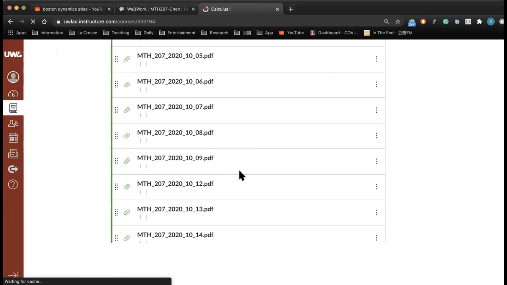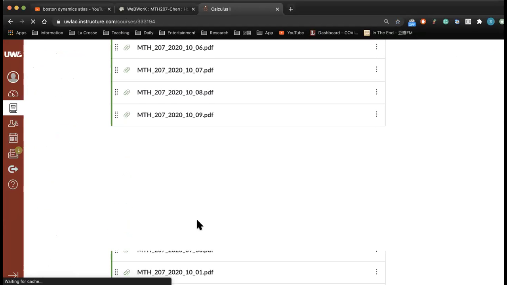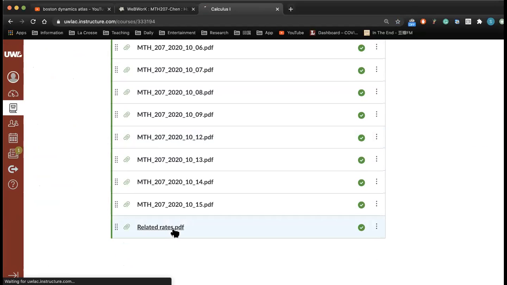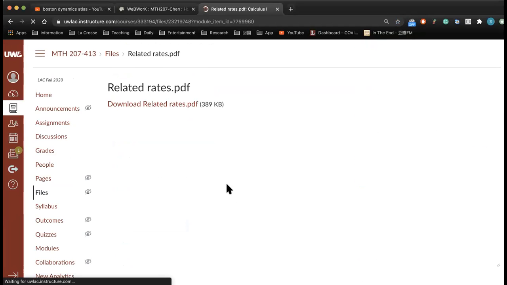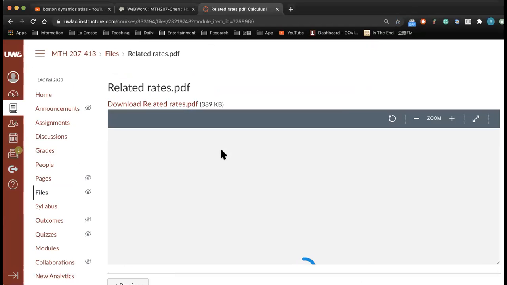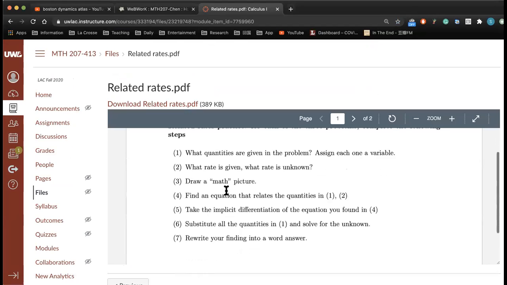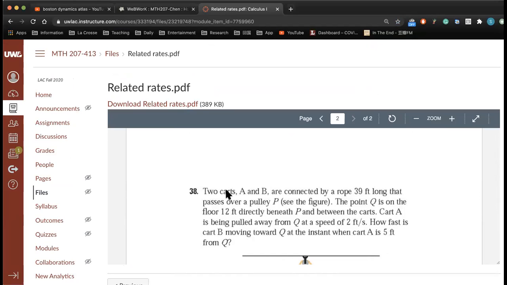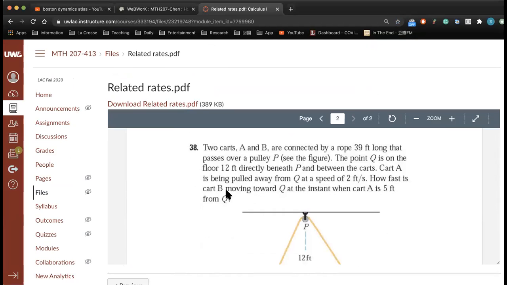And then you go to Related Rates, which is in the lecture notes, okay? And you will have the whole sheet here, which has 4 problems. So that will be what we will be doing in class on Monday. Sounds good? Cool. That's all for today. If you want, you can start early and bring your questions on Monday. Otherwise, you can start on Monday too.